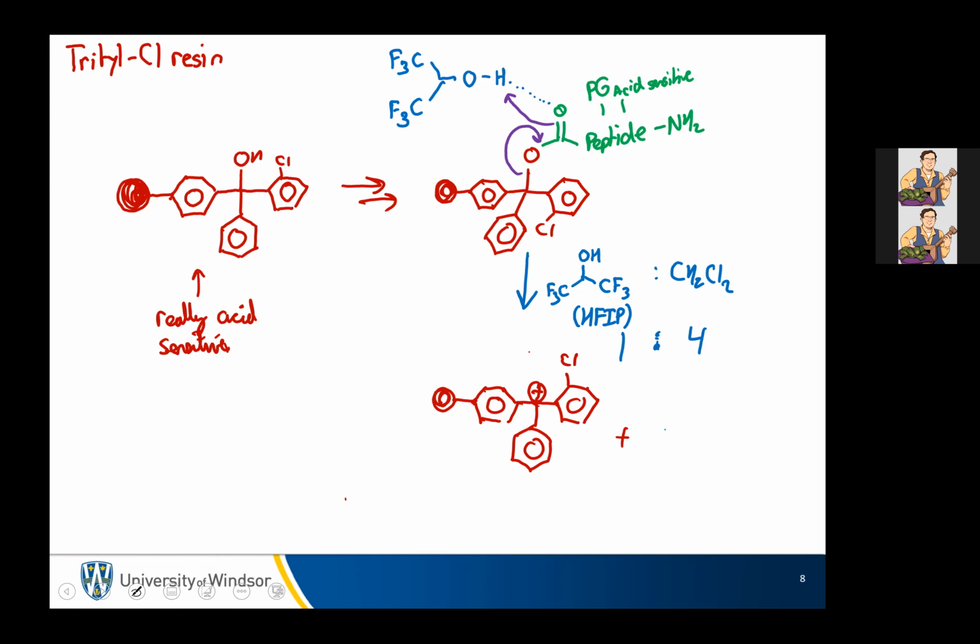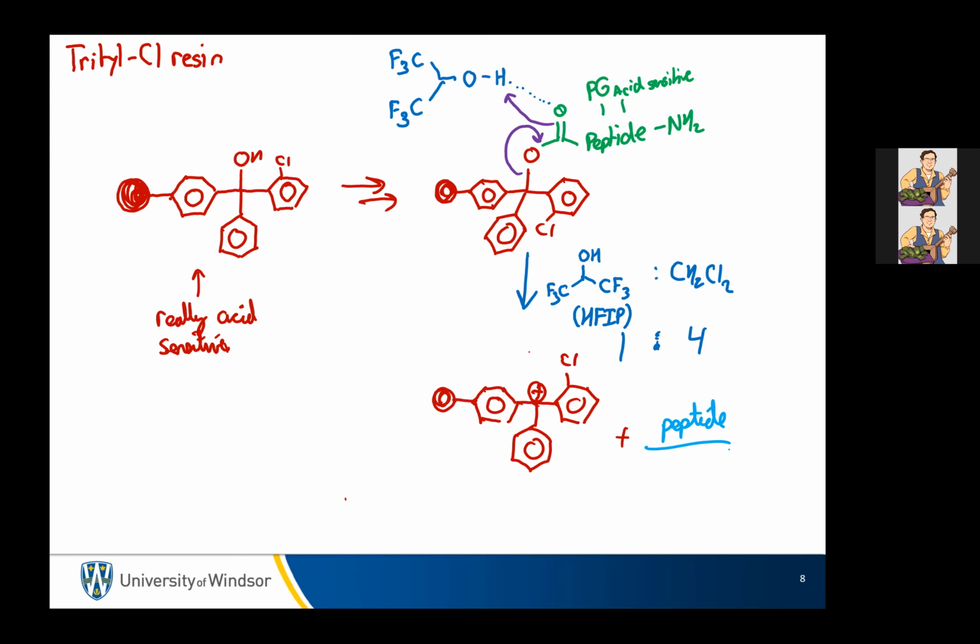And you have your peptide. These trityl cations form spontaneously in even very, very moderate acid. This is incredibly weak acid conditions.